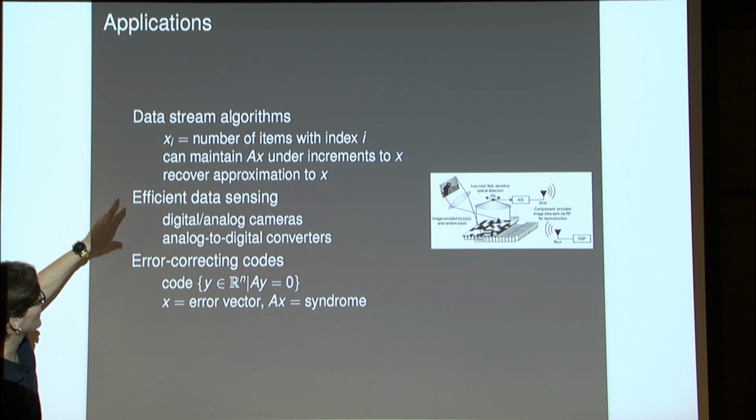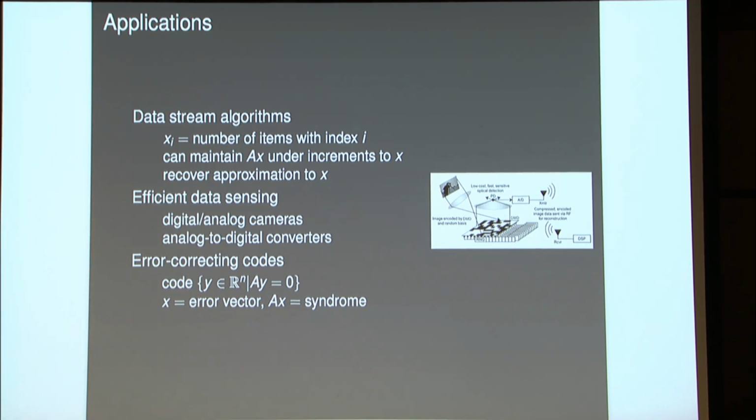I'm going to talk about a physical application. Using ideas very similar to this A times x setting, there were several groups of electrical engineers and designers in the last 10, 15 years who built a couple of different kinds of physical systems using this idea of taking a reduced number of physical measurements in a random way. One of the famous ones was called the single pixel camera.